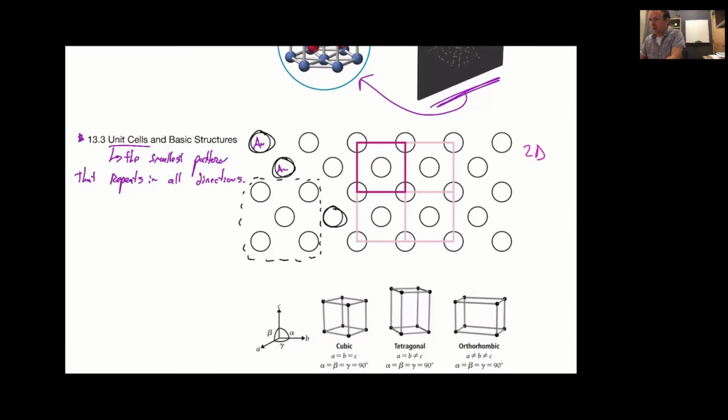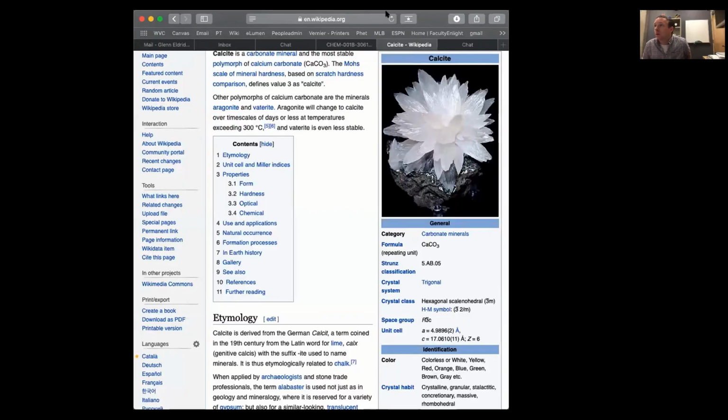So we go to Wikipedia and we look up calcite. You can follow along with me if you want. Go to Wikipedia, look up calcite, C-A-L-C-I-T-E. It's calcium carbonate. Okay, so I typed in calcite in Wikipedia.